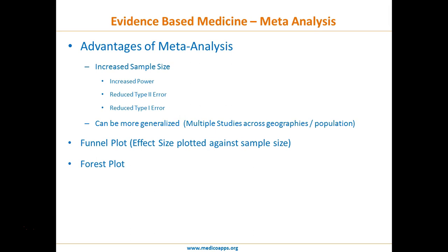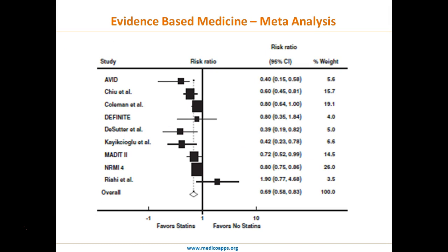The results of meta-analysis is generally shown as a funnel plot and a forest plot. So this is example of a meta-analysis. In this again, the favor of use of statins in cardiovascular disease. So what happens? The center line is what shows the risk ratio, or the basically 95% confidence level interval.